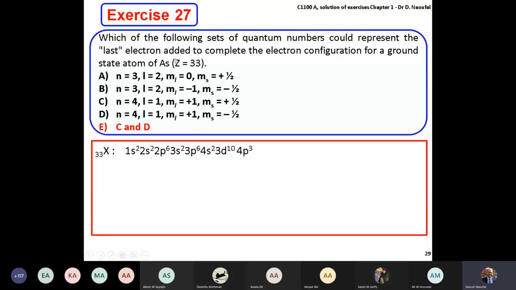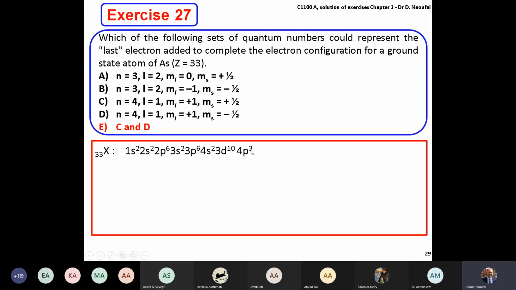Suppose we want to add one electron. The electron is added on 4p3 because we have vacant sites. But pay attention, this is not about the sign of the electron affinity.